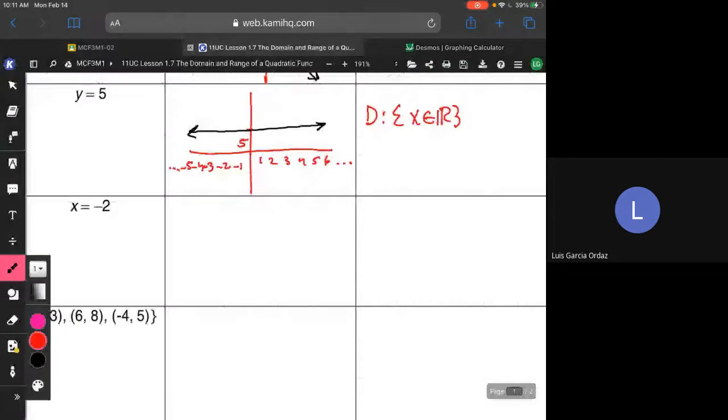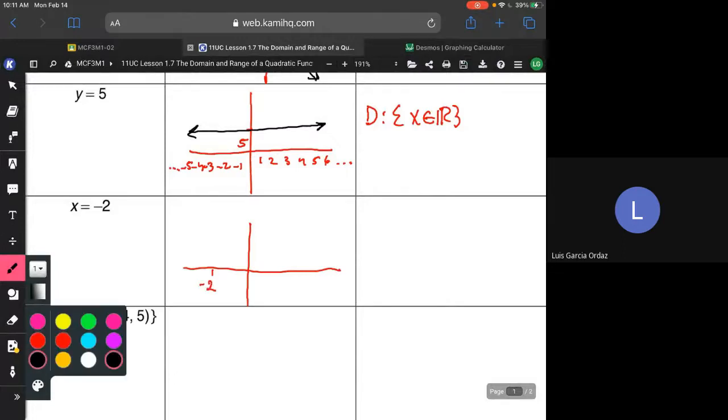So again, I'm going to draw my graph. This is my x value -2. And my graph is just literally a vertical line going up and down.